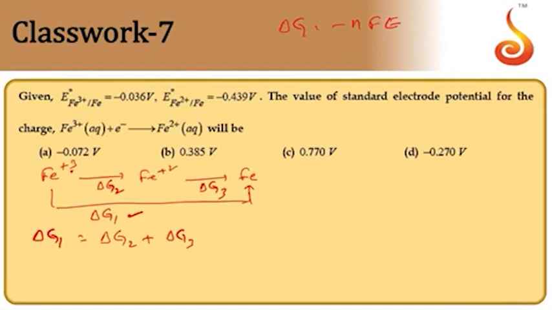So 3, minus sign is there in the formula itself, minus 3 into F into the potential, this is the potential given to us, minus 0.036, is equal to delta G2. This potential we have to find out here.